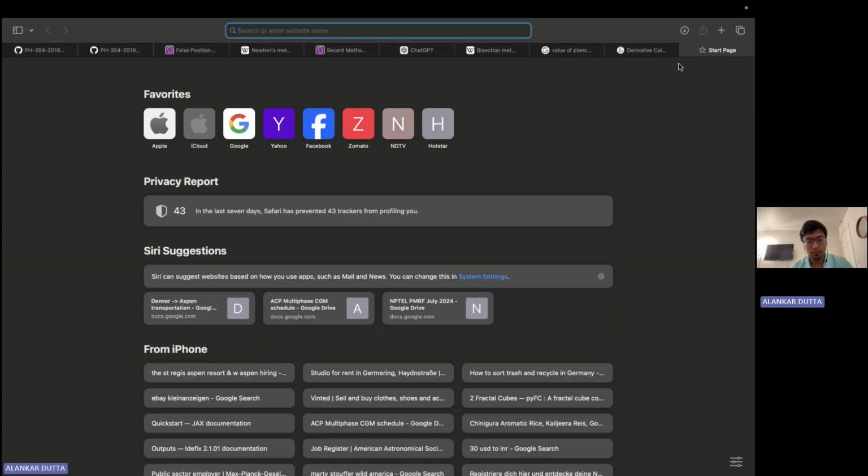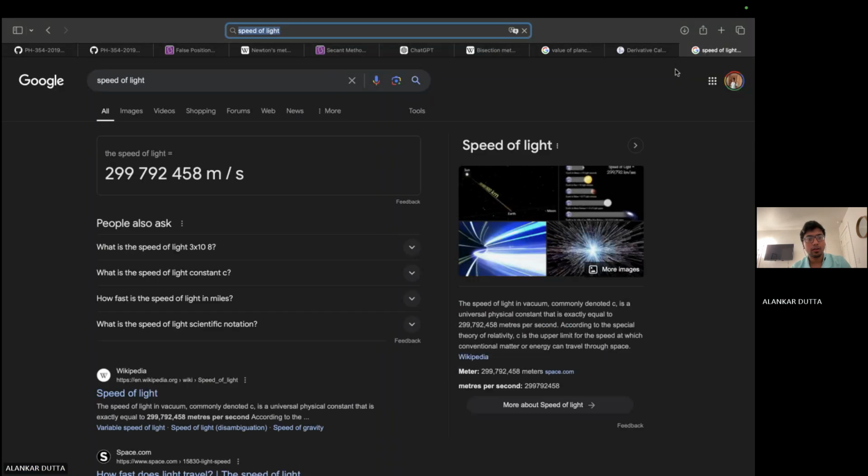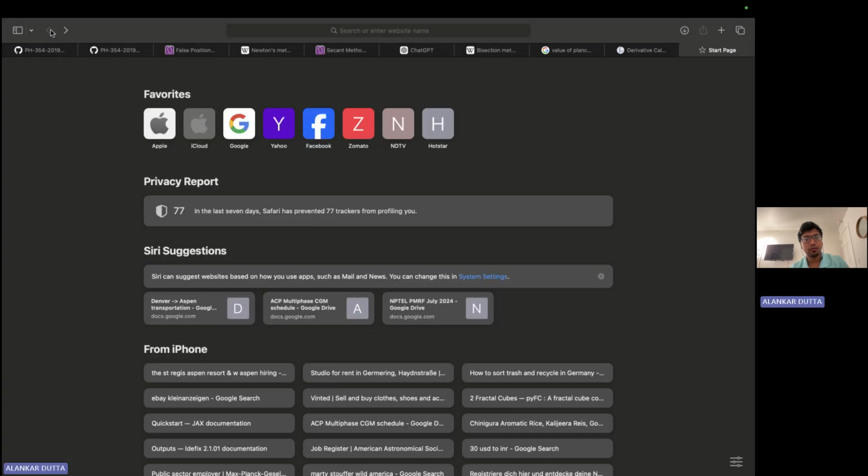Also, let's say speed of light is this value.